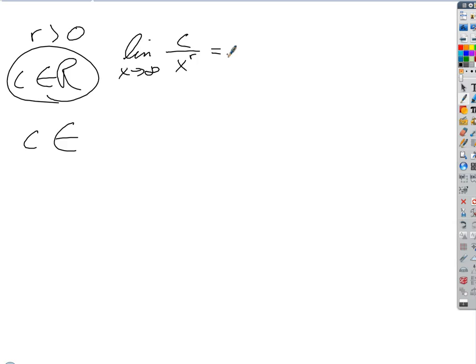Okay, good. You have to think about this in terms of the behavior of a fraction, right? The top of the fraction is constant. It's just some number, right? The bottom of the fraction, though, is changing. What's going to happen as x gets really, really big, regardless of what that exponent is? It might be something like if that were a 1/2, for example.